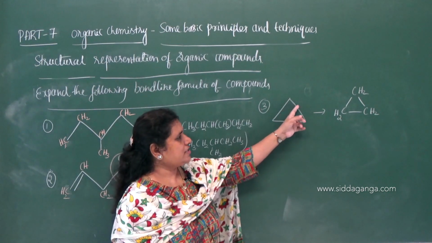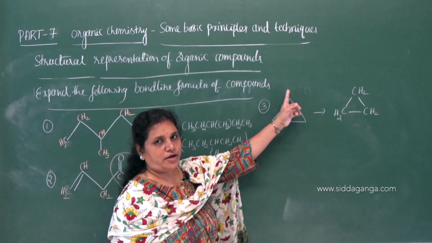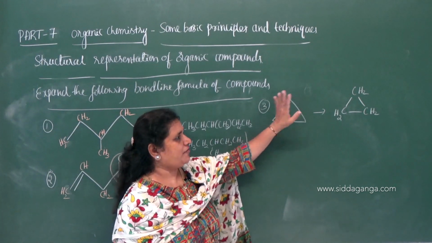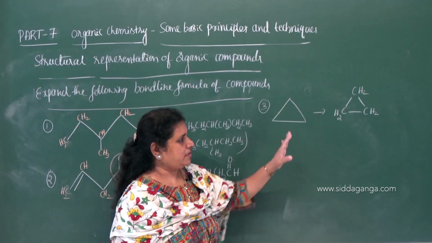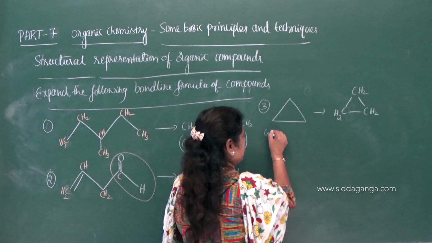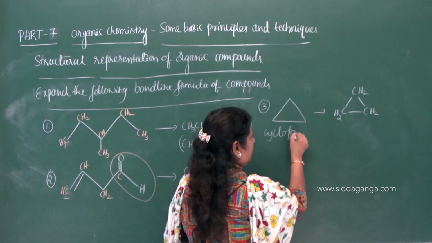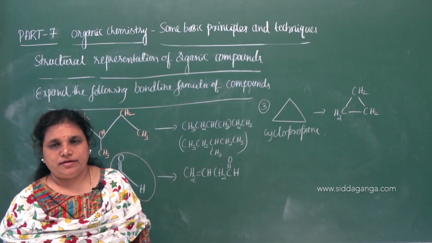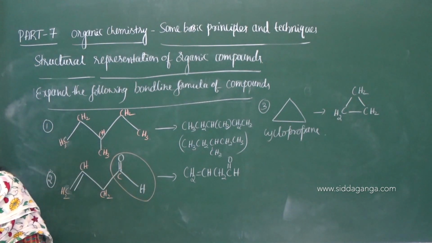Because the intersection of these two bonds indicates one carbon, and there are two bonds already formed, therefore it is left with two hydrogen atoms. That is the expanded form of the given bond line formula, and it is called cyclopropane. That is the formula for the given compound.